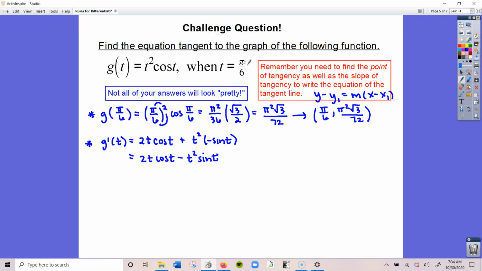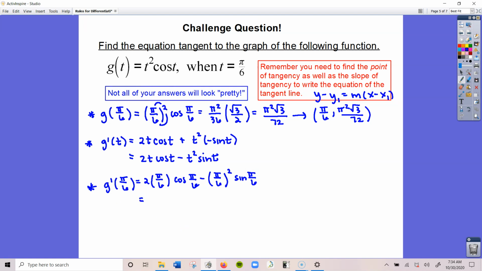Now we're ready to go ahead and plug in pi over 6. So g prime of pi over 6 is going to equal 2 times pi over 6 times the cosine of pi over 6 minus pi over 6 squared times the sine of pi over 6.